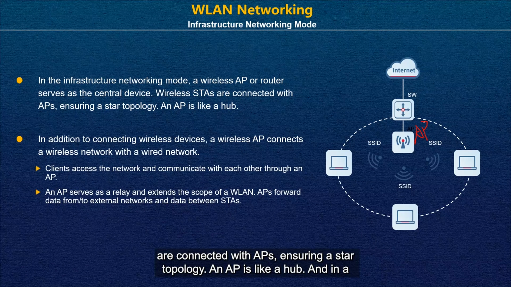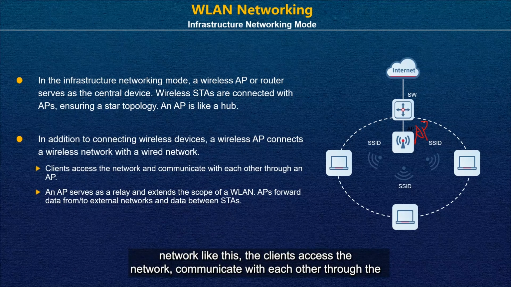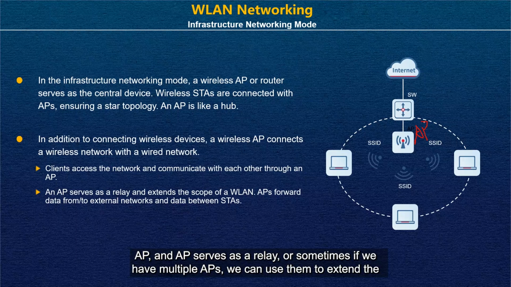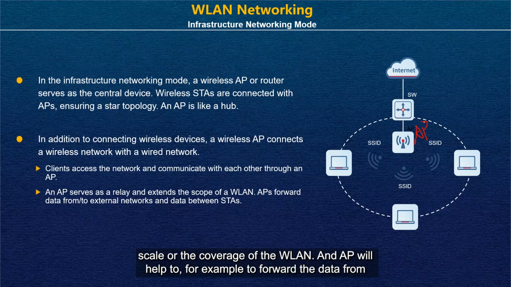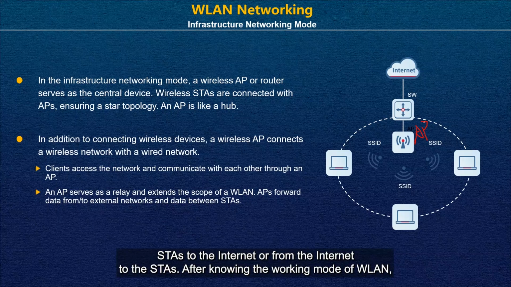In a network like this, the clients access the network and communicate with each other through the AP, and the AP serves as a relay. If we have multiple APs, we can use them to extend the coverage of the WLAN. The AP will also forward data from STAs to the internet, and forward data from the internet to each STA.